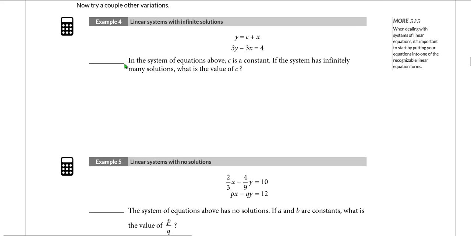So in example 4, again, if you have understood the previous material well, you might want to try this one on your own. In example 4, we are being told, both up here and in the question, that there are, I'm not going to circle that actually, I'm going to underline that there are infinitely many solutions, and we are being asked what the value of C is.